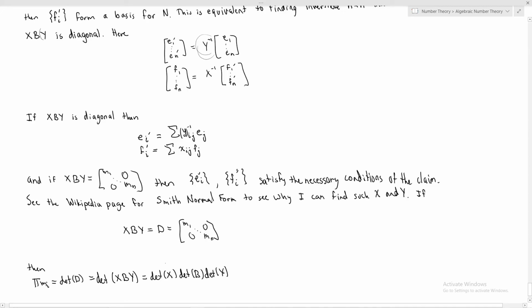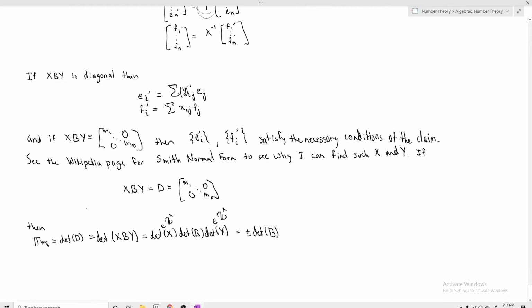On the right, the determinants of X and Y are both units in Z, and the only units in Z are plus or minus 1. So this is plus or minus the determinant of B.